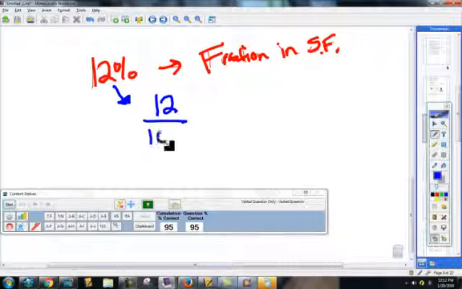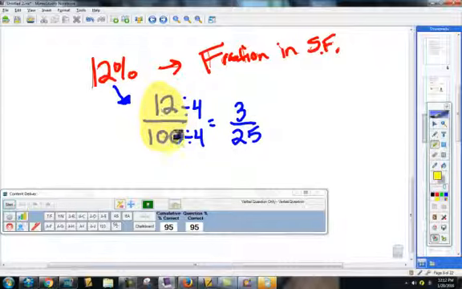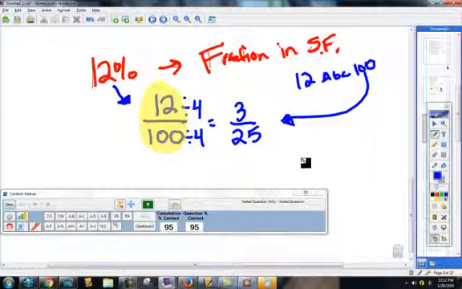And then from there, sure, you can simplify it the old school way by the GCF like you learned. And that's fine. I'm totally cool with that. But when you guys get done, I really badly want you to go back and do 12 over 100 just to confirm that you do get that. Just remember, all percentages are a fraction out of 100.